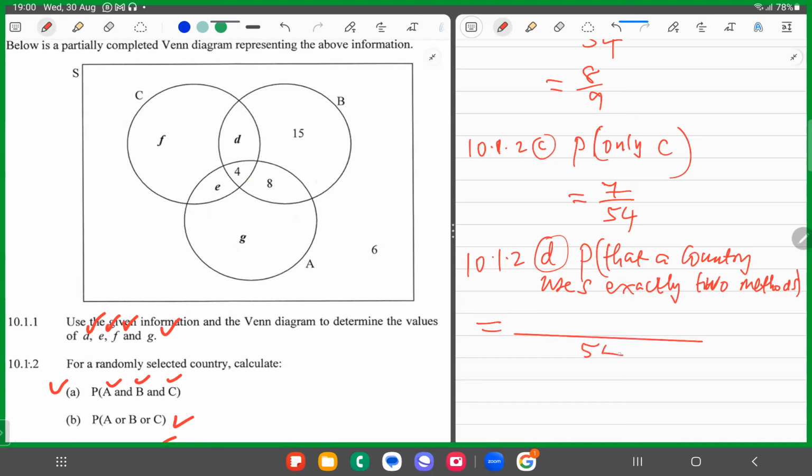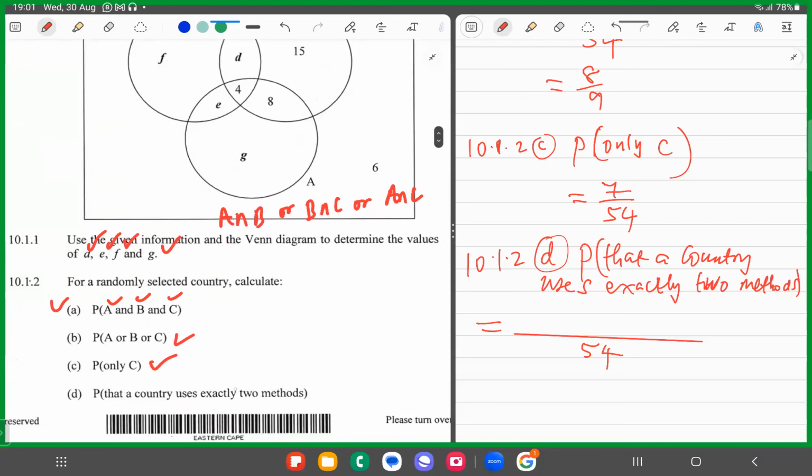Total number of the countries is 54. So in other words, either a country uses A and B, or uses B and C, or A and C, something of this sort. So it uses two.